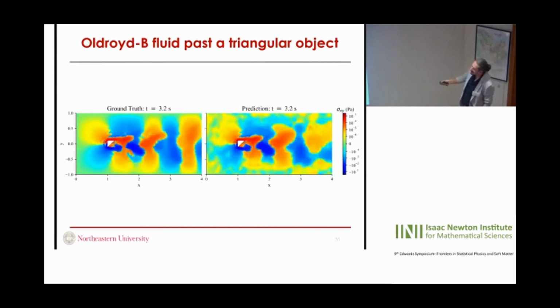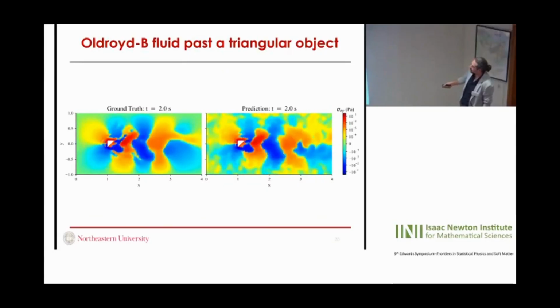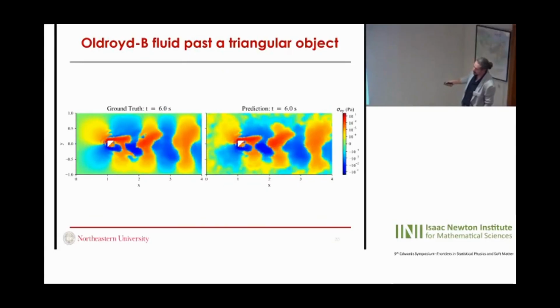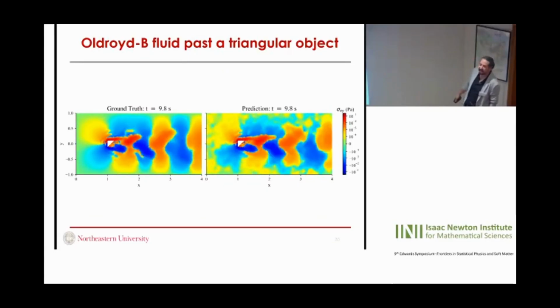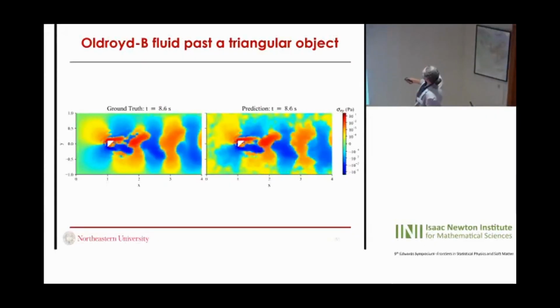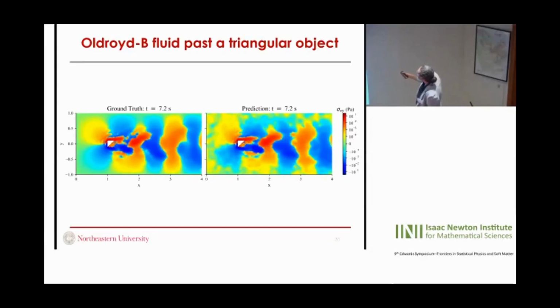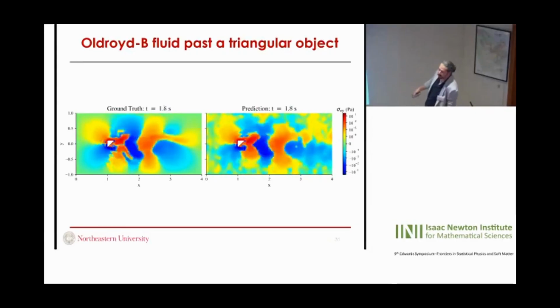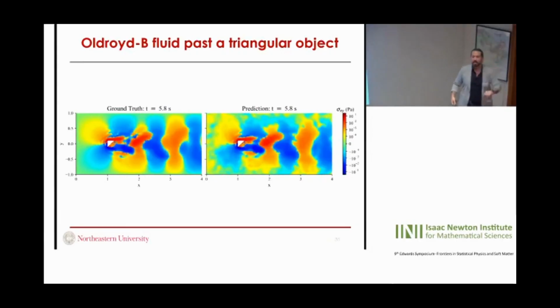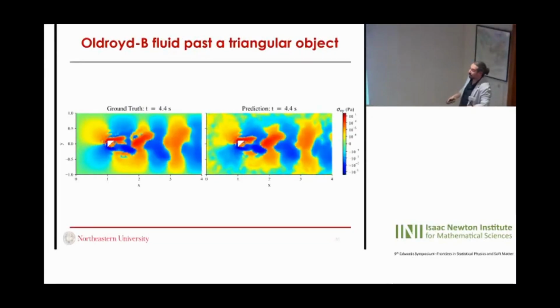Again, this may show you a little more deviation between the prediction and the ground truth. But if you look at the stress scaling, it's about 5 orders of magnitude. And because we're coloring this in a logarithmic scale, you're seeing, yes, this big of a difference.